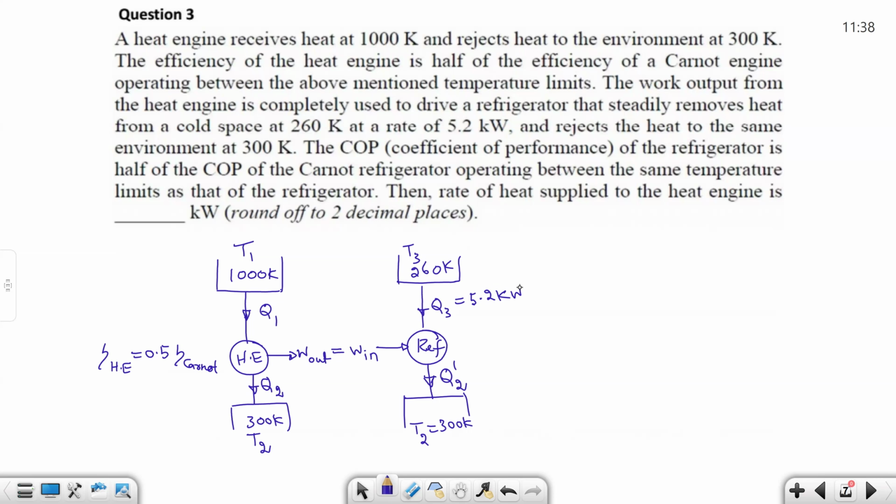The COP of the refrigerator is equal to half of the COP of a Carnot refrigerator operating between the same temperature limits. Then what is the rate of heat supplied to the heat engine?